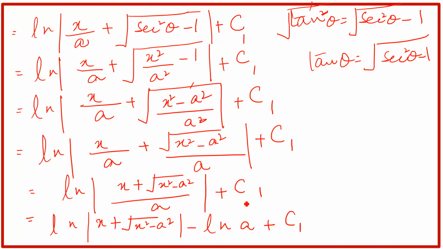See, now I will show you why I have taken c1. This is natural log of a. Again, this is constant. So we will combine this and I will write down here. So the answer will be natural log of x plus square root of x square minus a square, plus c.